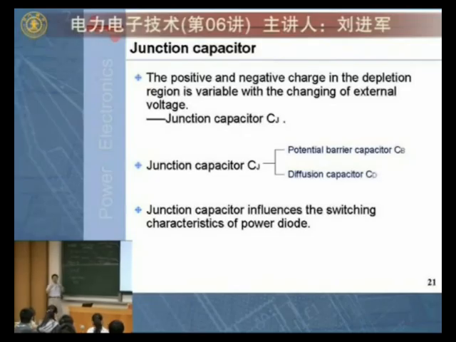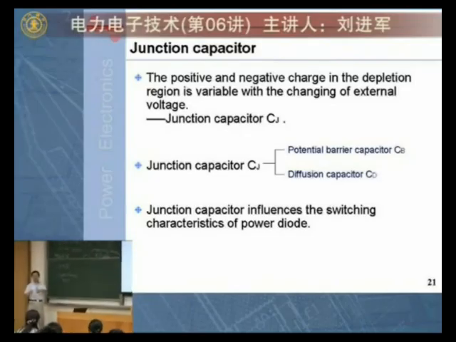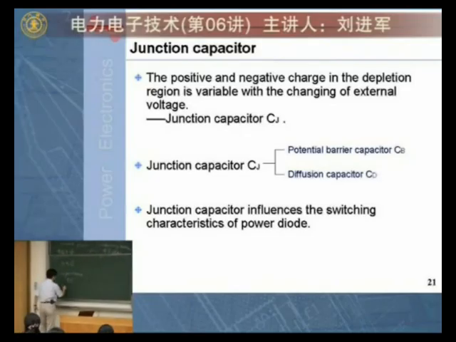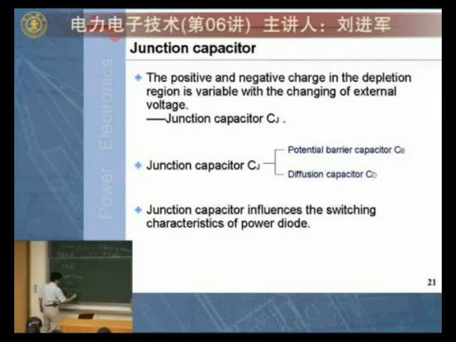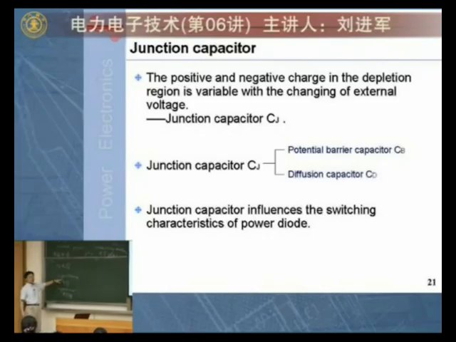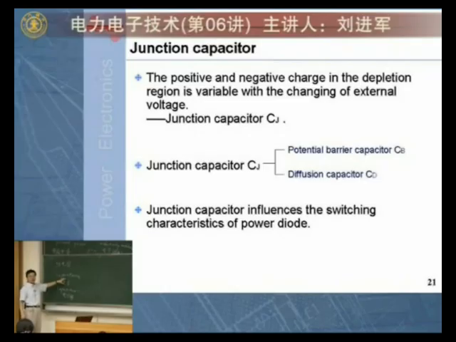Capacitor means the component, and capacitance means the effect that has the characteristics of a capacitor.